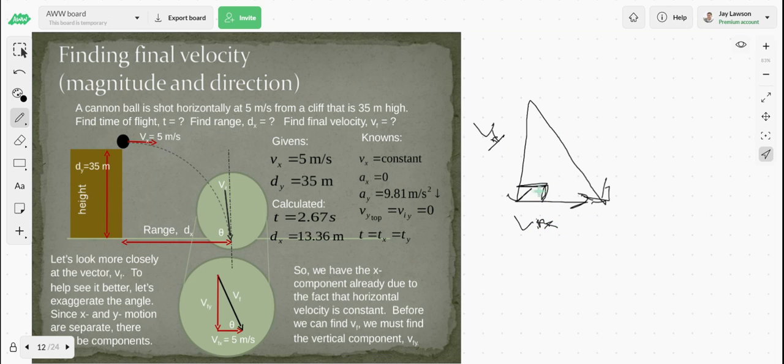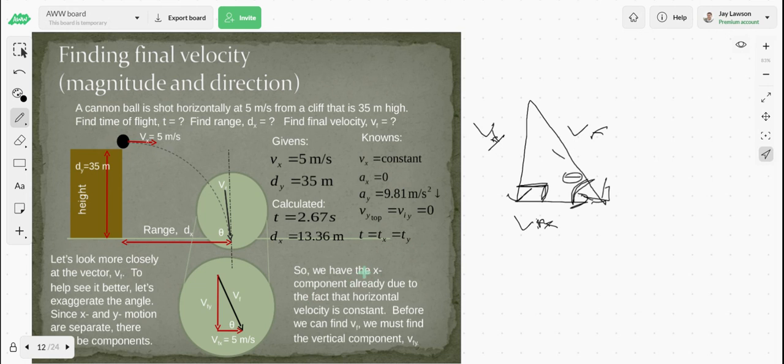Sorry, I lost my train of thought here. The up and down component is the final velocity in the y direction, the left and right component is the final velocity in the x direction. And the final velocity vector is this resultant right here that's going to strike the ground at some angle, theta.